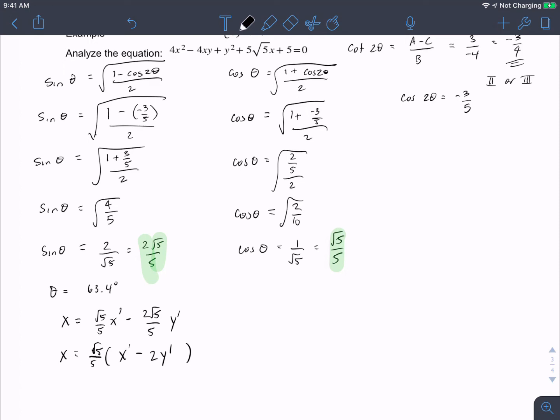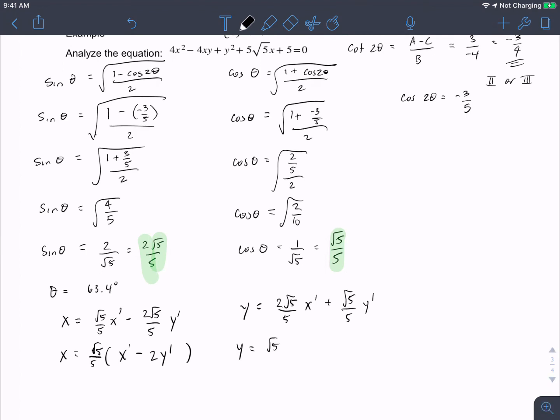That's my x. And then my y is going to be y prime sine theta, so that's going to be 2 radical 5 over 5 x prime plus cosine of that 63 degrees y prime, and that can be cleaned up also.